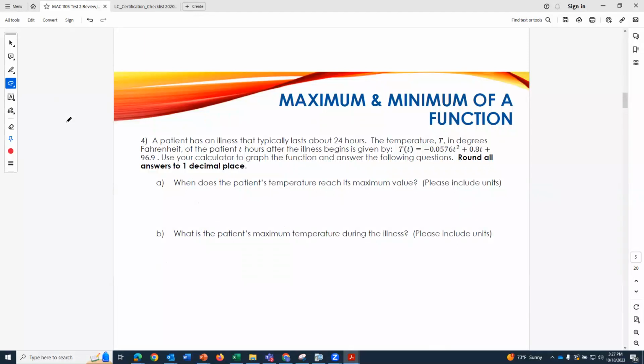A patient has an illness that typically lasts about 24 hours.